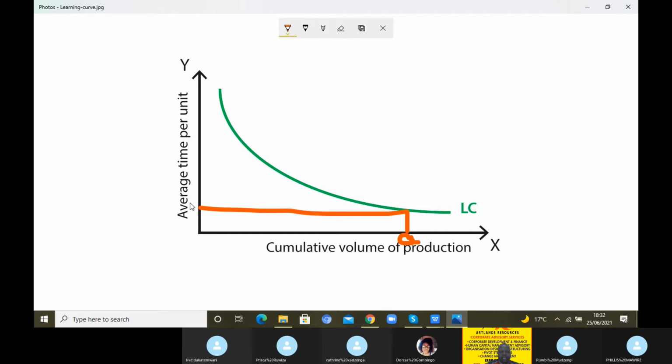So if this is T, it means any output beyond A is being produced at T hours. Can someone take a screenshot? Can you just take a snapshot of this, Kathy?